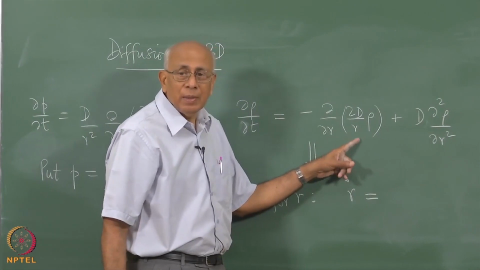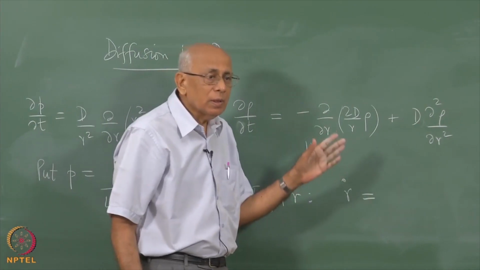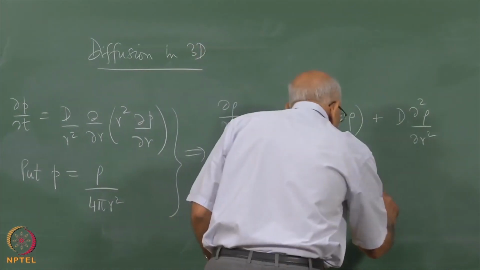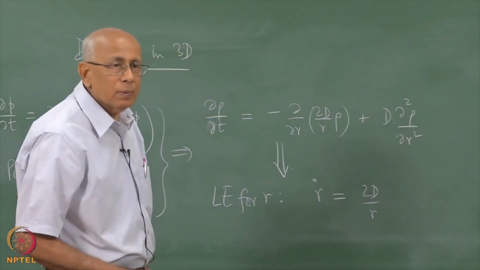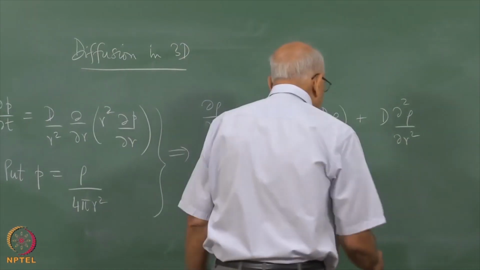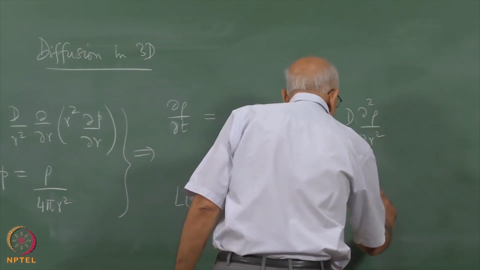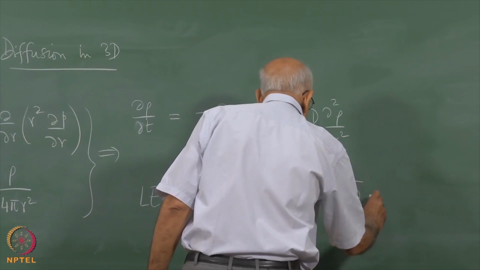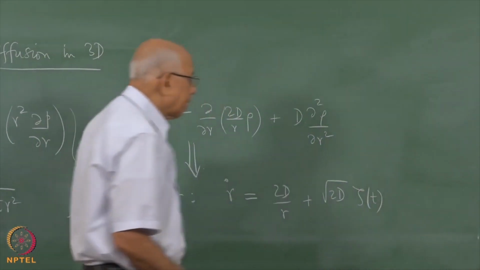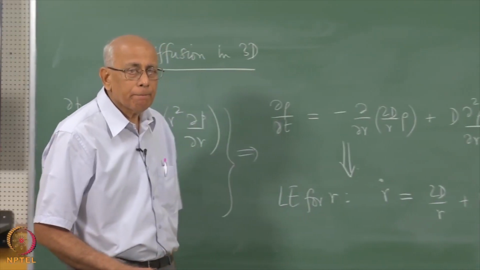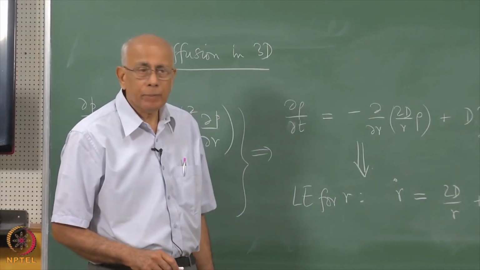And there is this term here, so you want minus this fellow here, so this is 2D over r, plus the usual, plus square root of 2D times white noise.